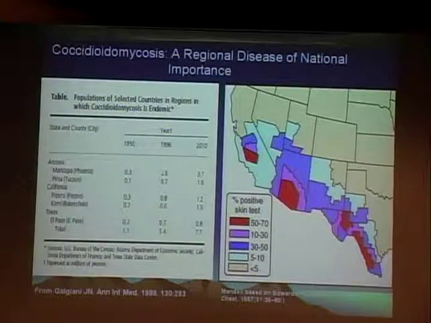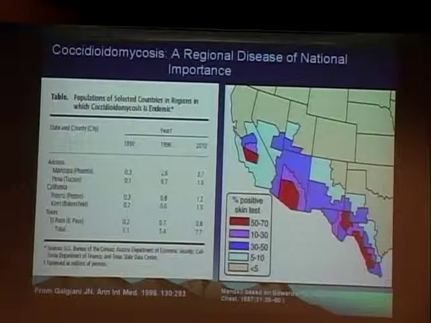The reason this disease is particularly important, and we see it on a more regular basis in certain areas of the United States, is the fact that we've had increasing population encroachment on areas of the southwestern United States. As we well know, Southern California has a larger and larger population each year, but areas like Fresno, Bakersfield, and Arizona have gone from populations of 300,000 to 3.7 million projected in 2010.